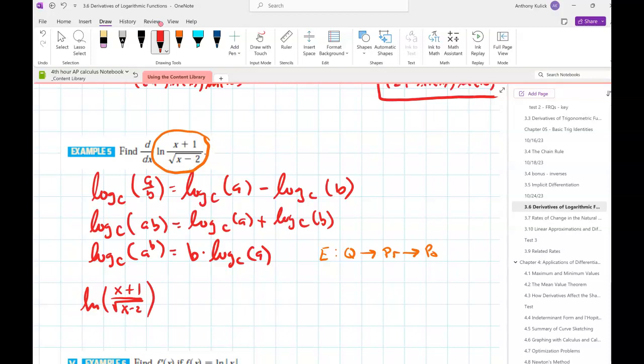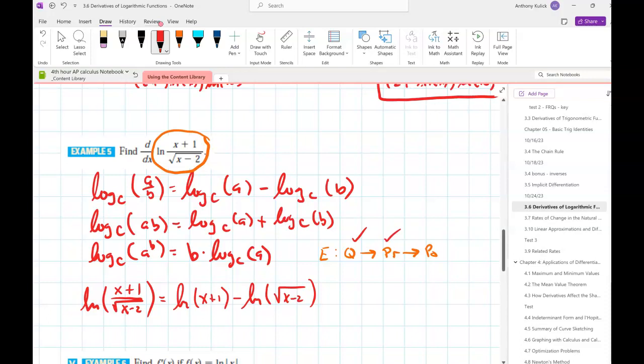So do I have a quotient property going on here? Yes. How would I write it? Natural log of x plus 1 minus 1/2 natural log of x minus 2. Everybody's good there? Do we have a product property? No, there's nothing being multiplied together.